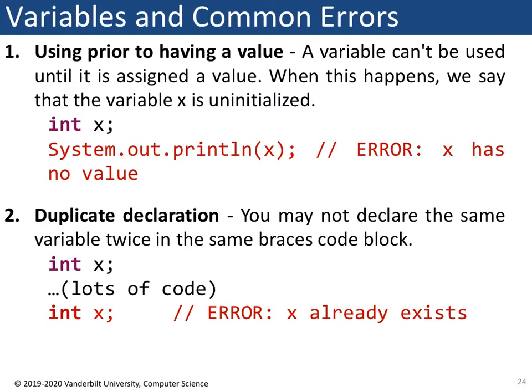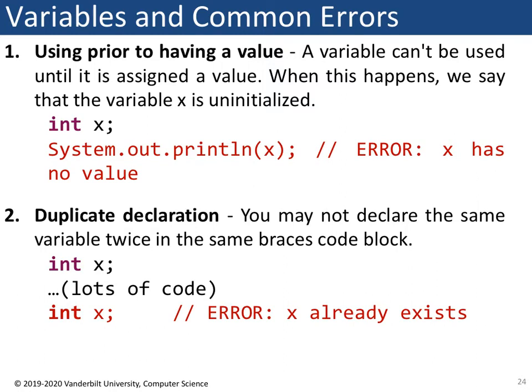There's an error related to this, which is a duplicate declaration. So if you have a variable already declared called x, and you have some code, and then somewhere later on in the code you attempt to declare a variable named x again, then you're going to encounter the error x already exists. In this case, the problem is you're attempting to declare a variable of the same name within the same scope.